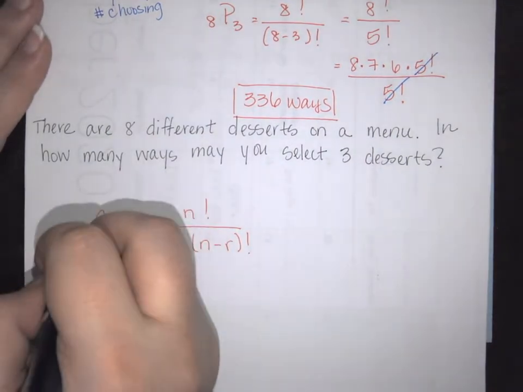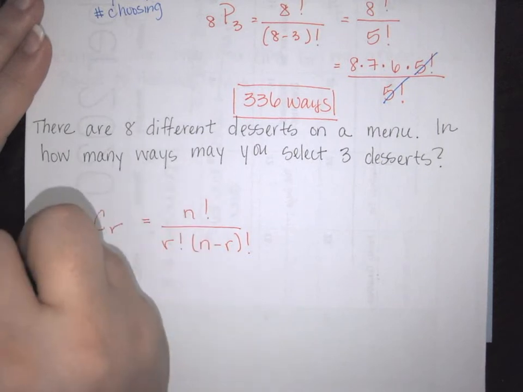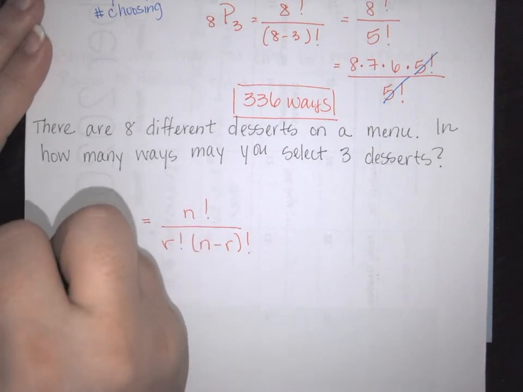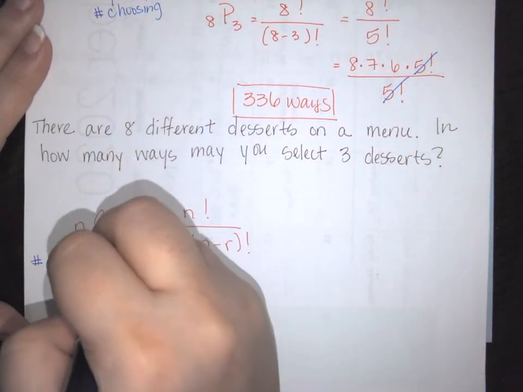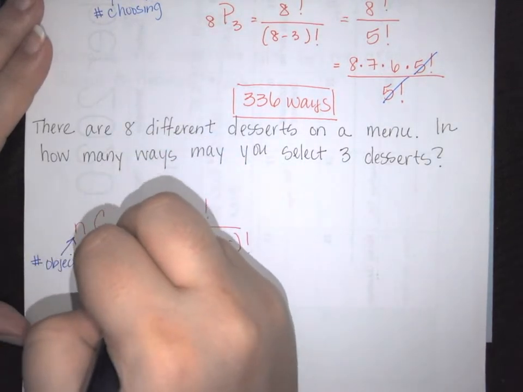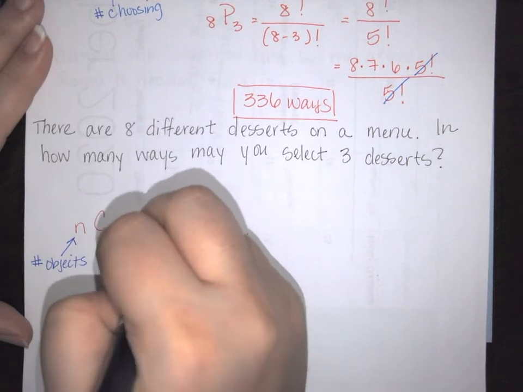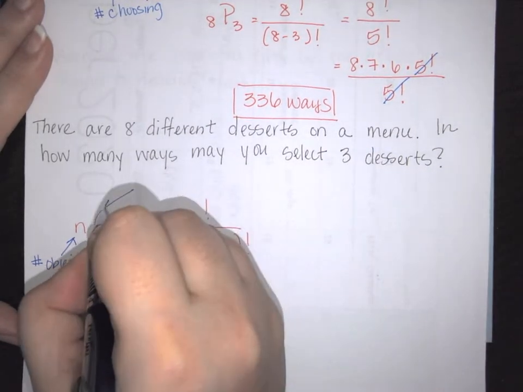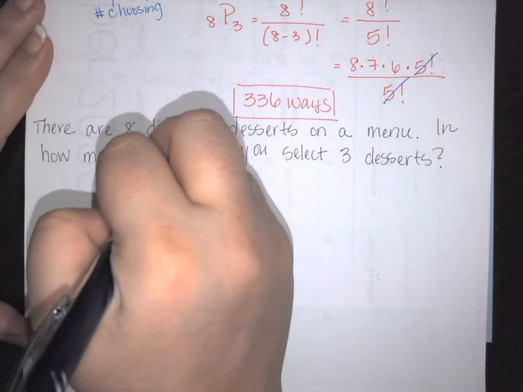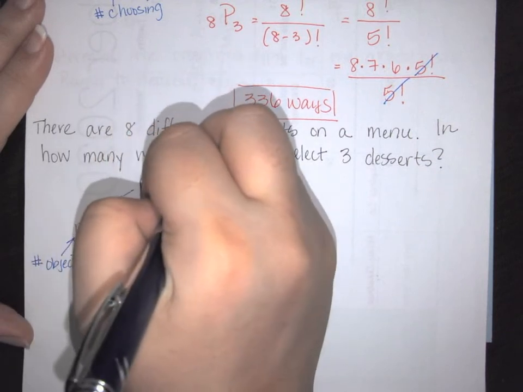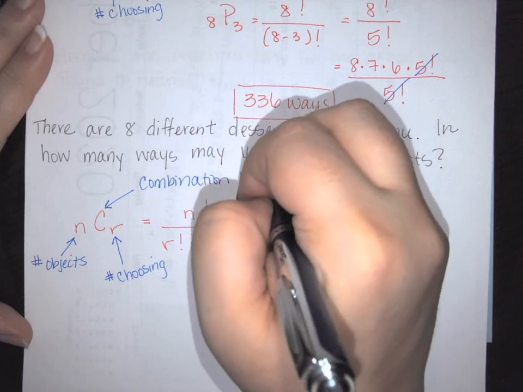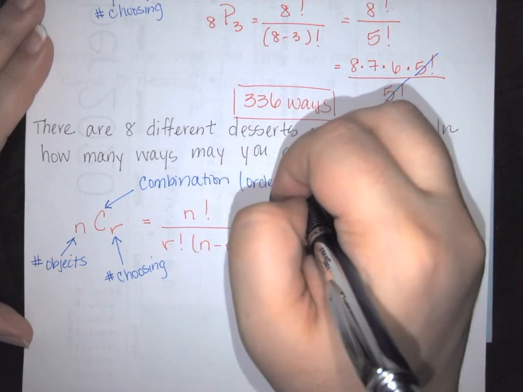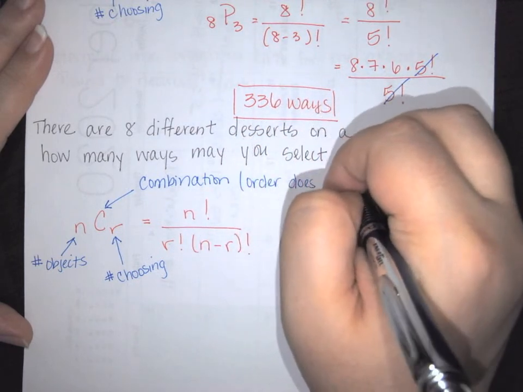So here again, my n is going to stand for the number of objects. My r is going to be the number that I'm choosing. And my c here stands for combination, which in this case, order does not matter.